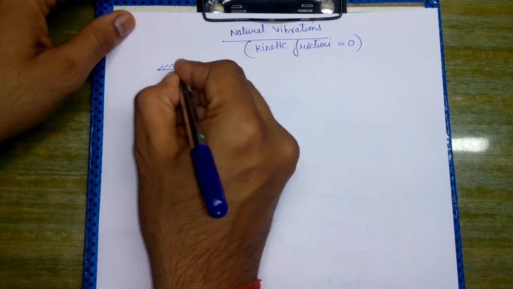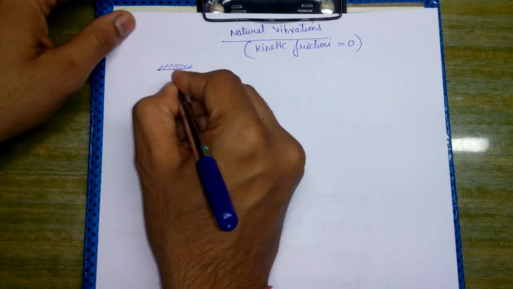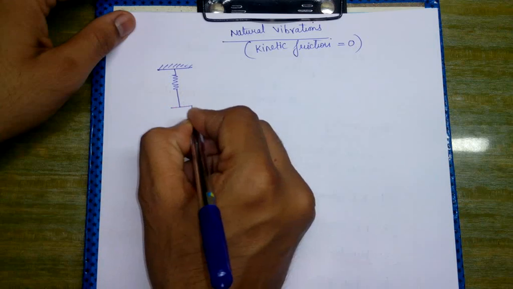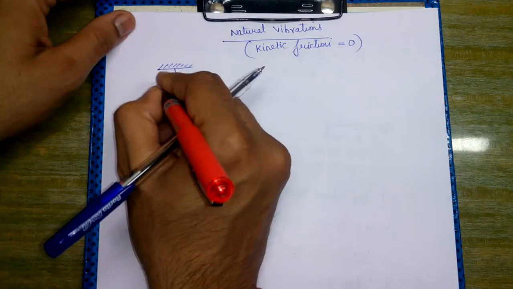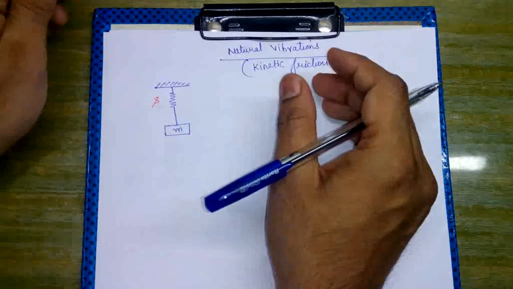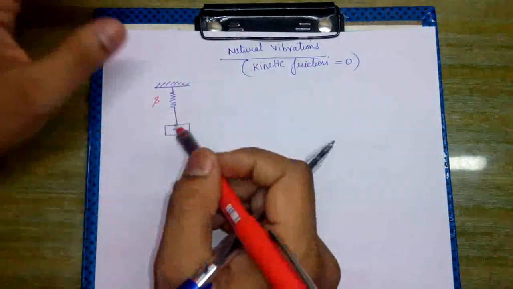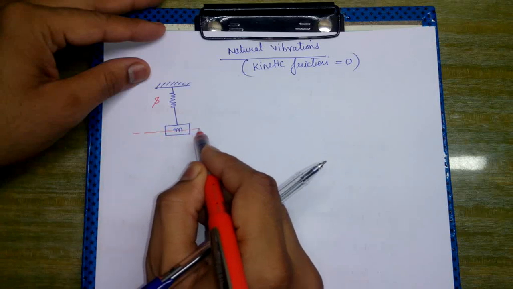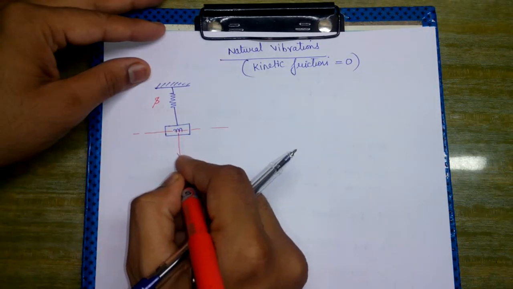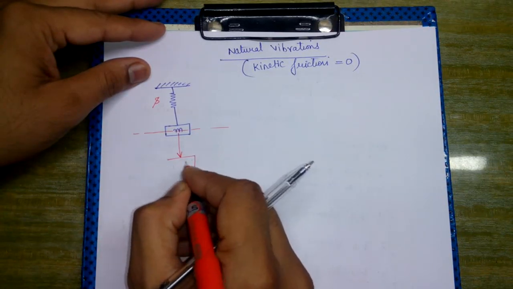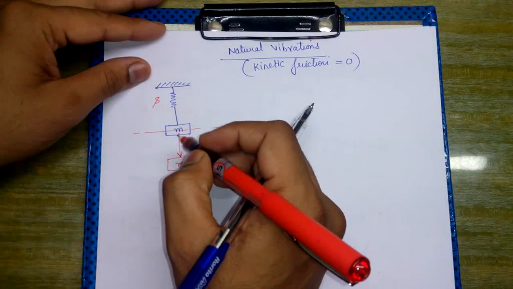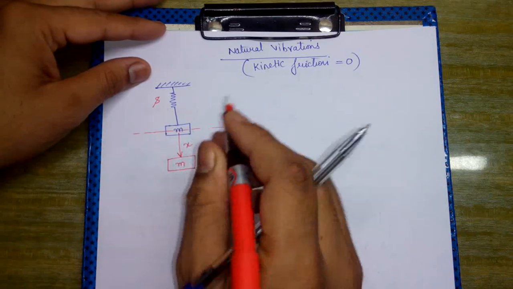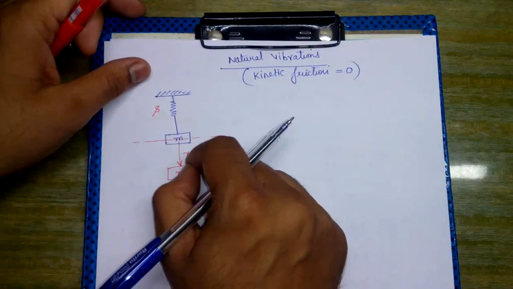Okay, for example, if from a point we have suspended a mass m such that S has been given as the stiffness of the spring, and this was the equilibrium position, and we apply a force, or even if we do not apply a force, this mass will be displaced a little bit downward, say by an amount x.